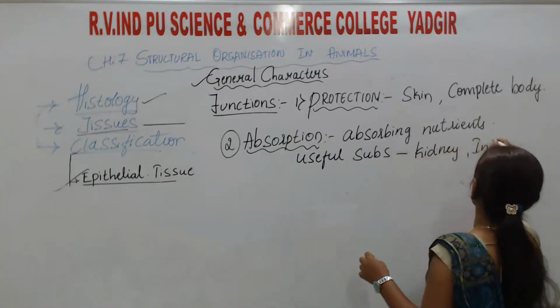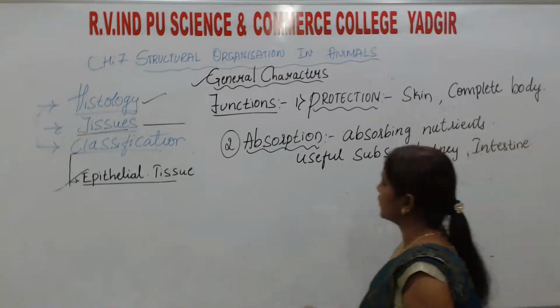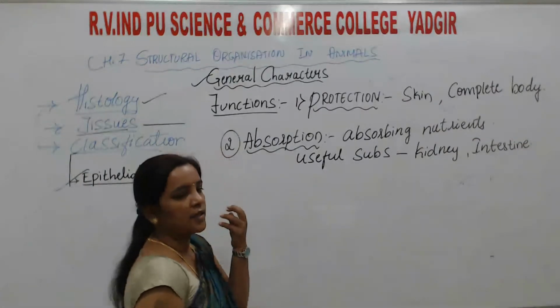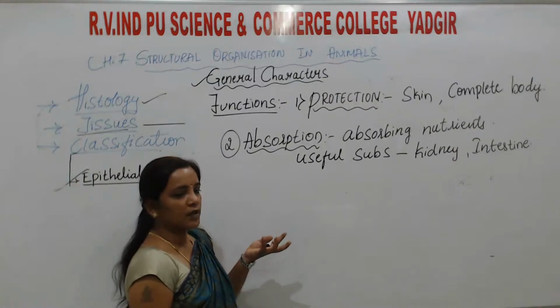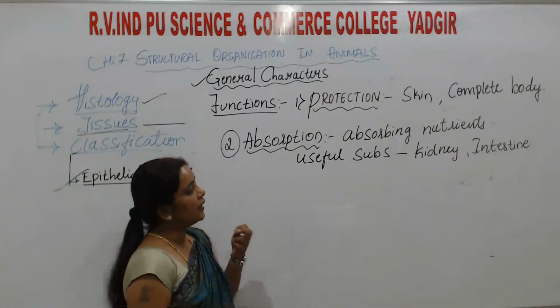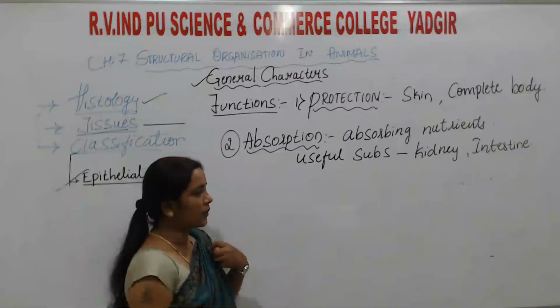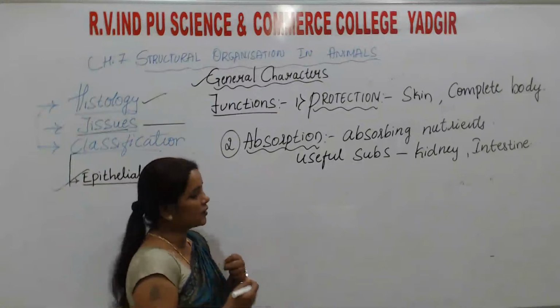As you know, the kidney absorbs water, and some glucose, sodium, potassium will be absorbed there. Along with that, some electrolytes are also absorbed. And in the intestine, nutrients are absorbed.